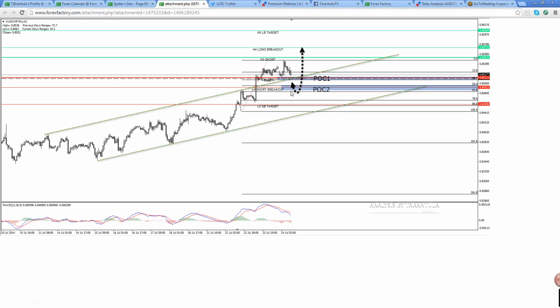This was Odyssey VC. At the first touch of this POC one, which stood at 85.10 and 85.00, this was the second POC. The price did touch this pivot point, which has a confluence with upper channel L3, and which is also not a big number, but it's the 38.2 fib, and initially it gave something around 20 pips of profit.